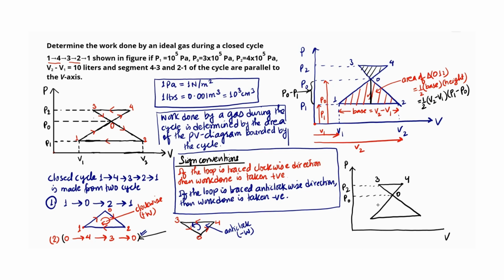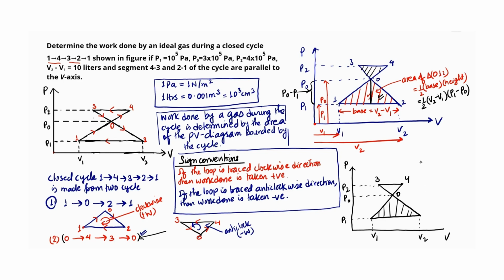Now, what we find for this triangle is that, and this is P1. So we find for this triangle, we have pressure and volume marked.